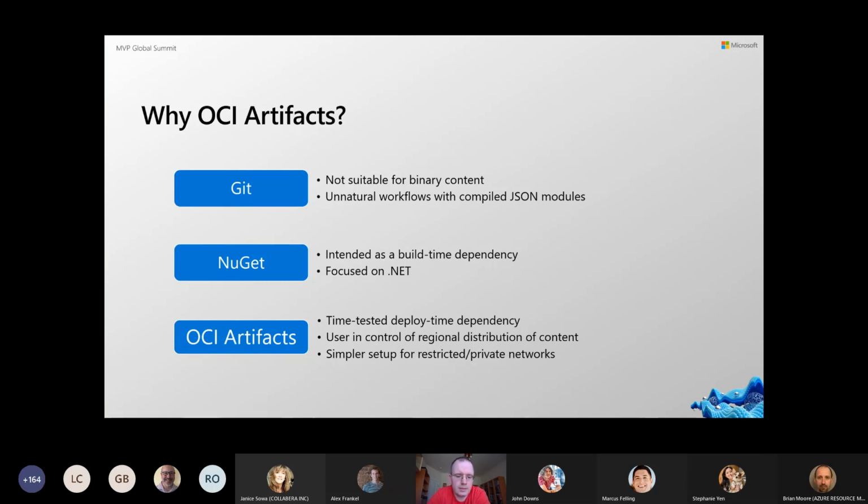With an ACR, it's really just an Azure resource which you can hook up to a private network using the normal Azure networking primitives. So for all these reasons, we felt that OCI artifacts were just the best fit for Bicep going forward, although we're definitely interested in feedback and reactions to our decision from all of you on this call.